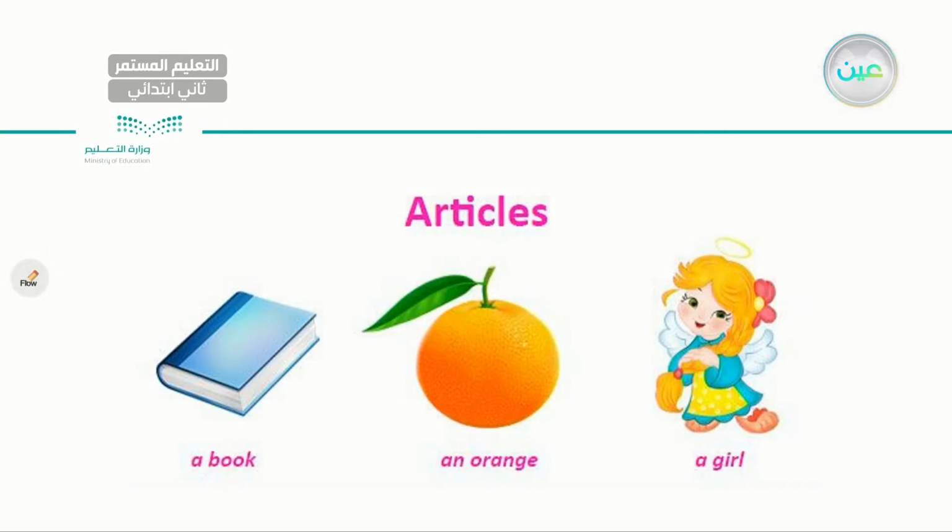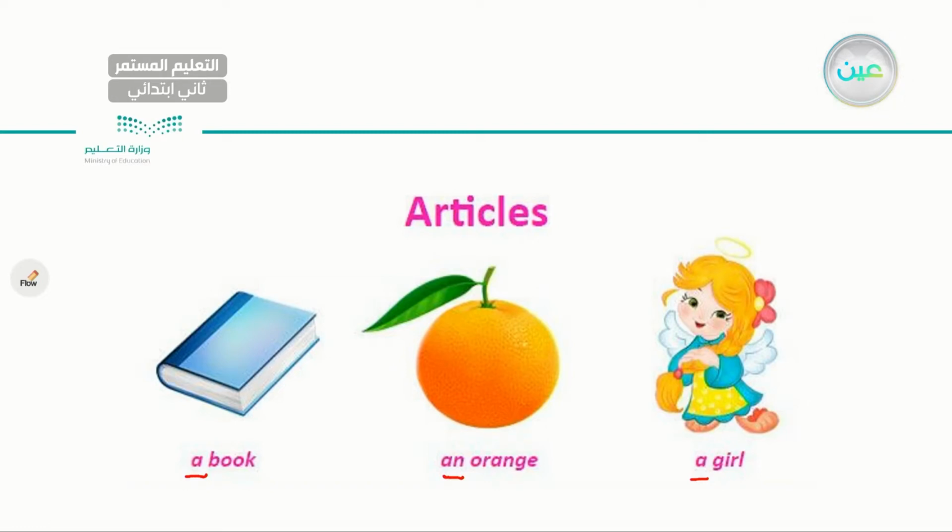Okay, so I have the words book, orange, girl. But before them, I have the articles. So here I have a book, an orange, a girl. So these are the articles. A book, an orange, a girl.